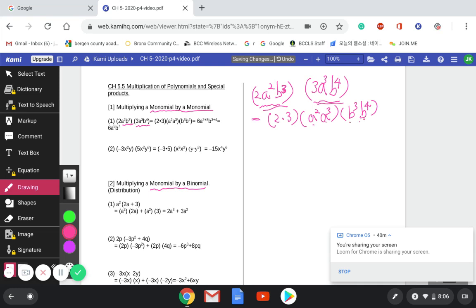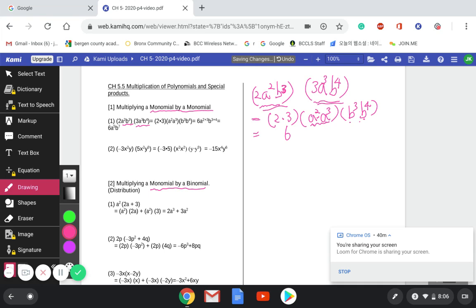Okay, in that way it's easier for you to combine them. So 2 times 3 is 6. When they are next to each other with no sign, it's always a multiplication.